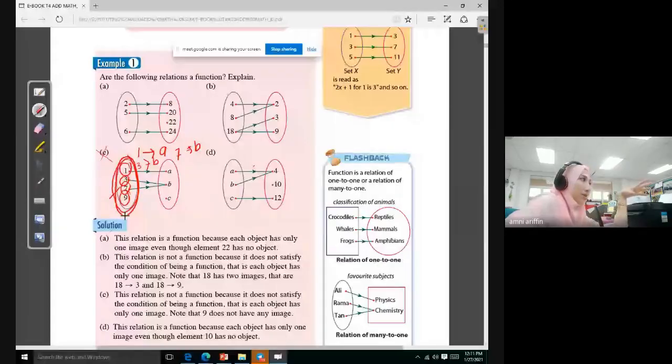So this is not function lah, sebab 9 object here didn't have any image. Sebab kamu tahu kan dalam group ini, kita panggil sebagai object. Dalam group ni, 1 ni adalah object. So, this is not a function because 9 didn't have any image.